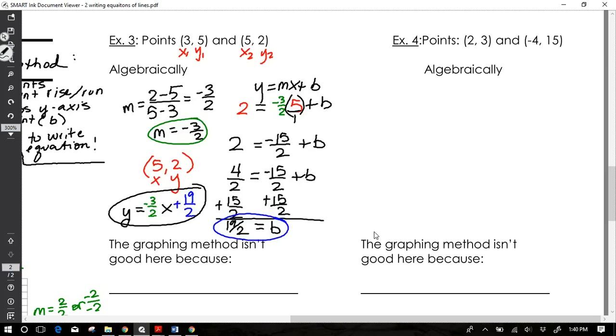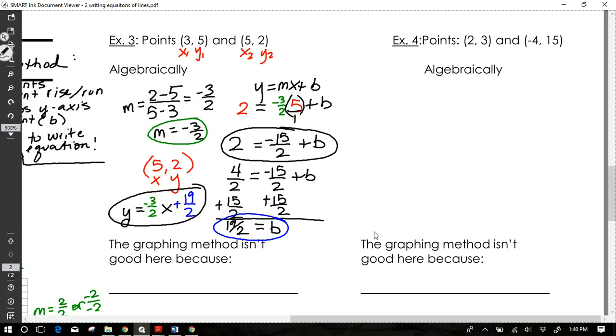I have completely finished my example number 3, and I know that you probably could have gotten a good portion of the way through this pretty easily. And then you probably got stuck right here once you saw these fractions.